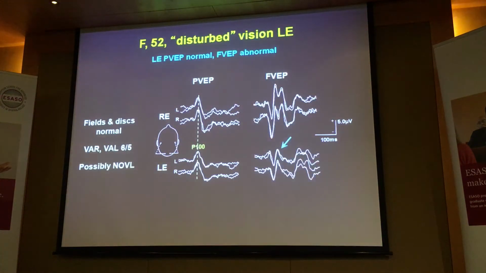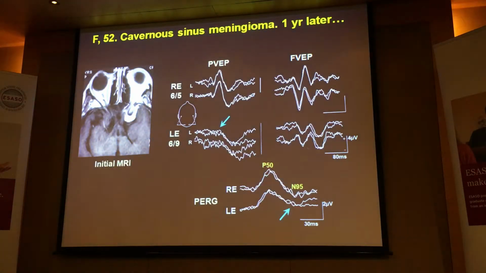Flash VEP? Flash VEP, profoundly abnormal, markedly reduced, with changes in wave shape, and because you can get this appearance in nerve sheath disease, the patient was investigated. The MRI showed a cavernous sinus meningioma tracking into the orbit, with the only initial sign electrophysiologically being an abnormal flash VEP.